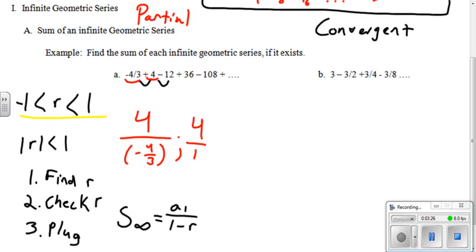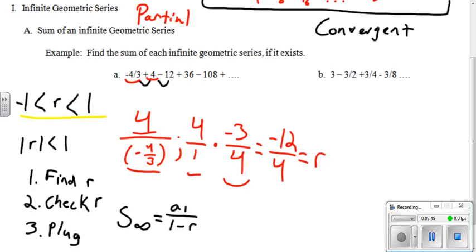That's the same as multiplying by the reciprocal. So we'd say multiplied by -3 over 4. It's the same as multiplying by -3/4. So in the end we have -12 over 4, which means our R value is actually equal to -3.